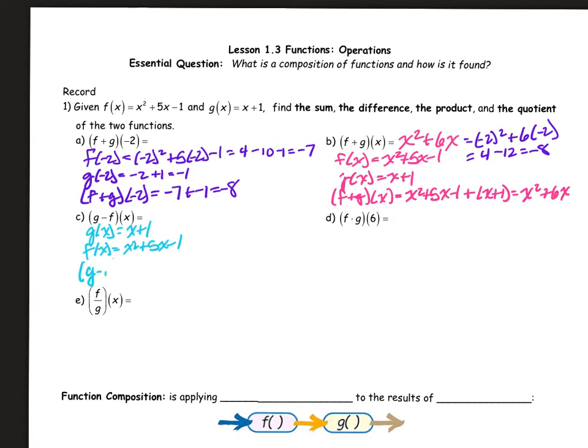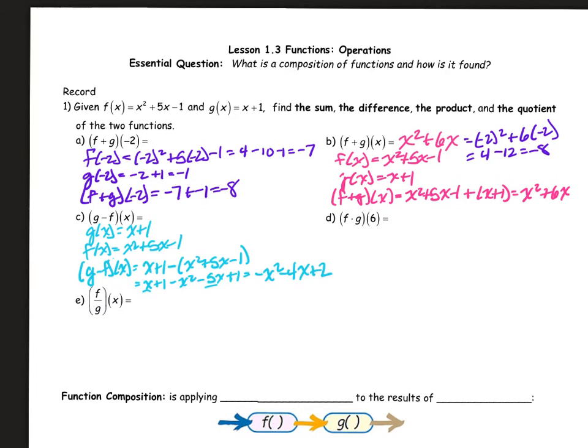Parenthesis g minus f of x equals x plus 1 minus x squared plus 5x minus 1. So that's going to give me x plus 1 minus x squared minus 5x plus 1. So that equals negative x squared, like terms here and here, minus 4x plus 2.